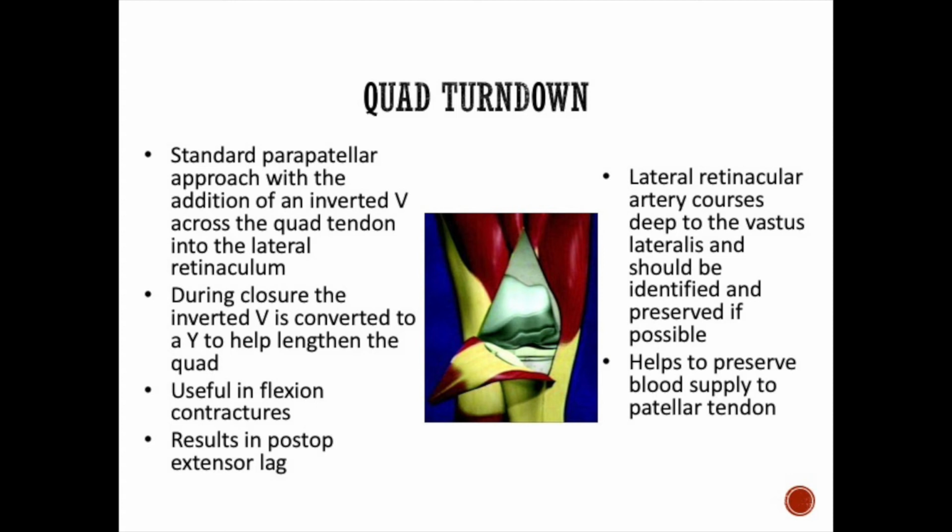The advantage to this is in really tight or contracted or scarred down tissues, it will allow you to close it in a VY lengthening type of procedure, which will lengthen the quadriceps. The lateral retinacular artery does course deep to the vastus lateralis and should be identified and preserved if possible to prevent patellar avascular necrosis, although even if patellar avascular necrosis develops, it's largely of minimal consequence clinically.